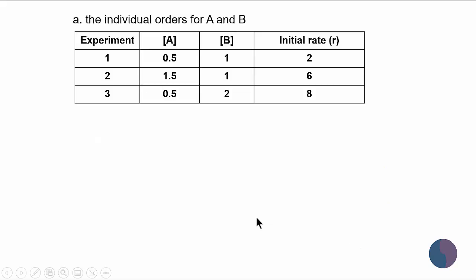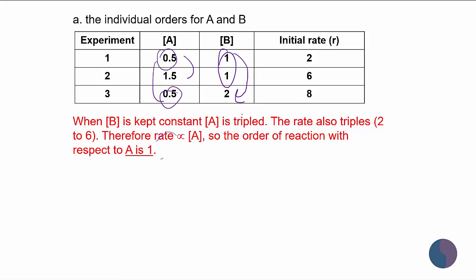So first of all, orders with respect to A and B. With respect to A, you've got to make sure B stays the same, so you can compare A. And when you're doing B, you have to keep A the same, so you can compare B. So with respect to A, B is kept constant.